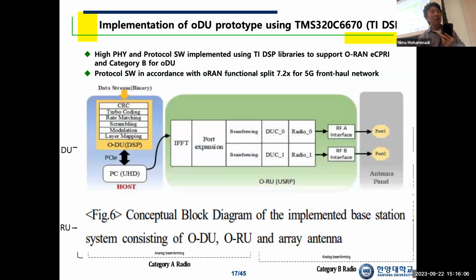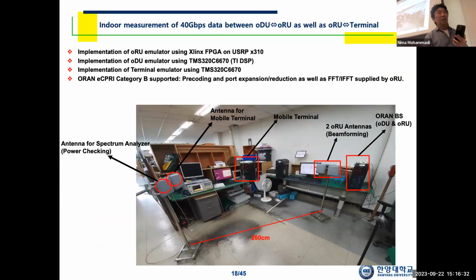That is what the ODU emulator is doing. So it generates the data, and that data is sent as a downlink packet to the ORU emulator, which performs the inverse Fourier transform, and beamforming parameters are multiplied for these 2 antennas to provide a nicely shaped beam pattern to the direction of the user equipment. Okay, this is the experimental environment here.